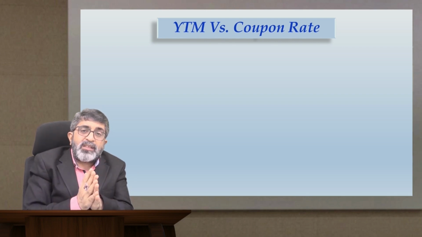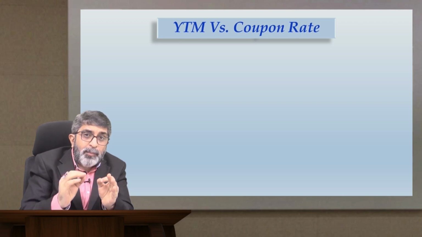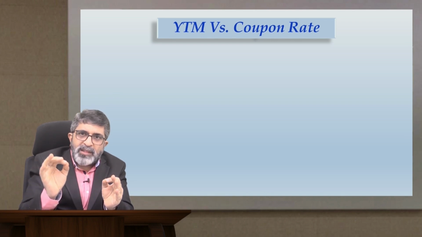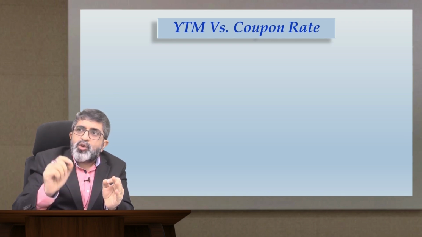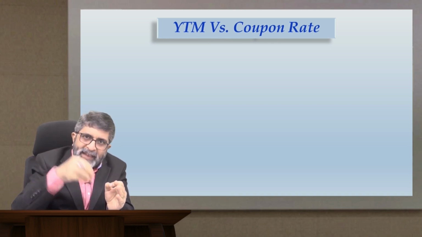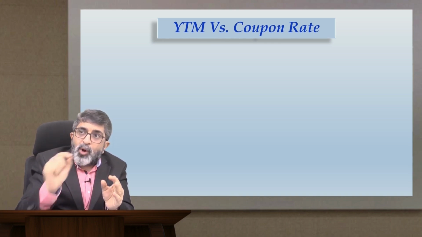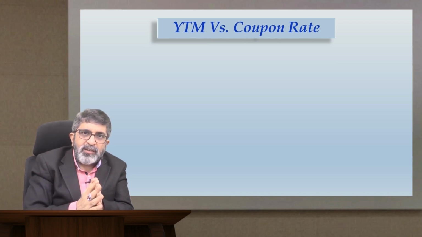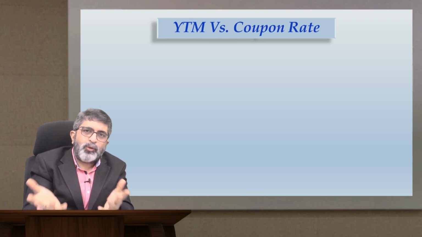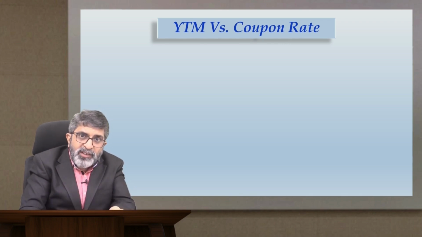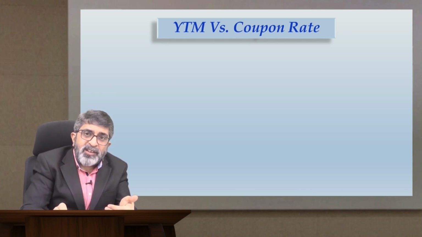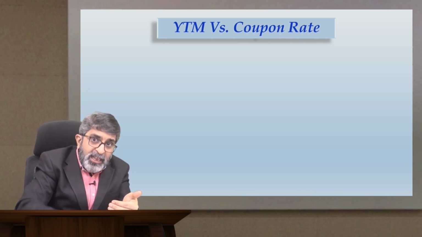Imagine what would happen when the bond is traded at a price higher than its par value. The par value is $1,000, but say you have to invest $1,036 to buy this bond today. The bond is going to give you a 6% coupon rate. On maturity, you will get the par value, that is $1,000. So you are investing 1,036 today. You will get only a 6% coupon rate, and that too not on the money that you invested.